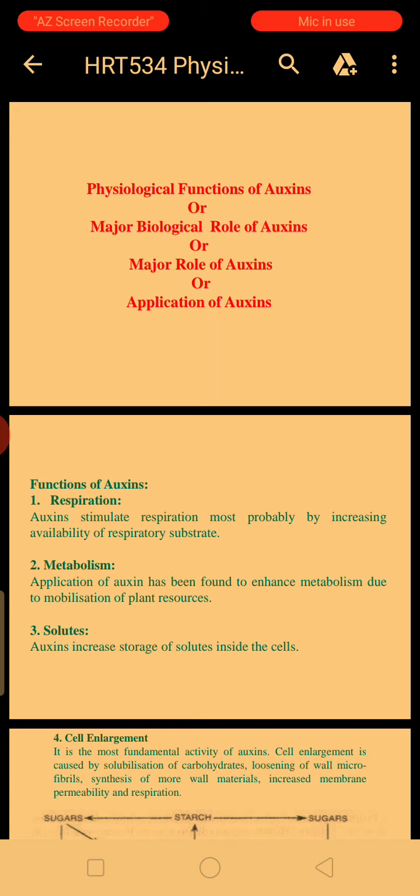If oxygen and cytokinin concentrations are the same, it will dedifferentiate and form callus. If oxygen concentration is more than cytokinin, then root initiation will take place in general. If cytokinin concentration is higher than oxygen, then shoot initiation will take place. So this is the major role related to tissue culture.